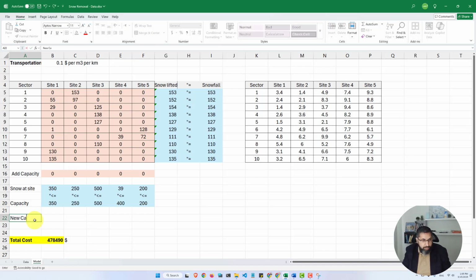New capacity is going to be this plus this times the additional capacity that I can put in there. Put in 100 here. This is my new or expansion capacity.